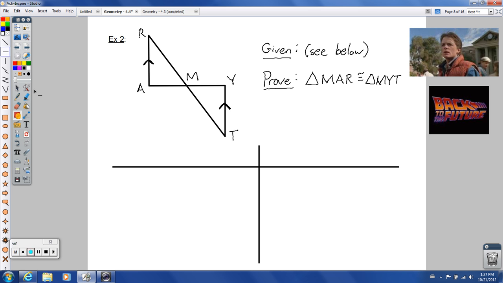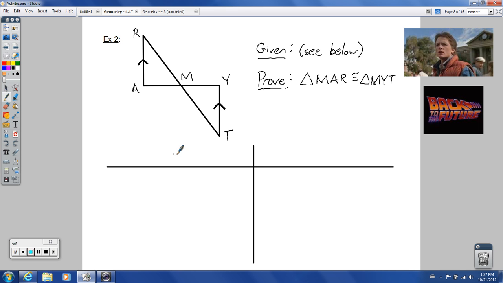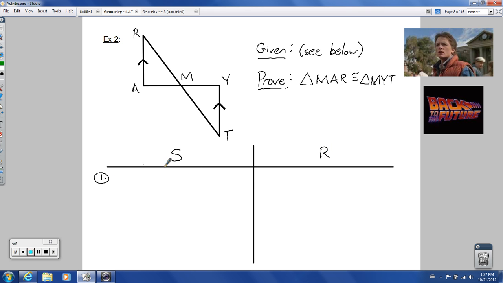So let's draw, we are going to do a proof here. Let's write in statements and reasons in here. So let's start off with what we always start off with, the given. So I'm going to write down my reason as given. What's given? Well, in the picture I can tell that segment AR is parallel to segment YT.